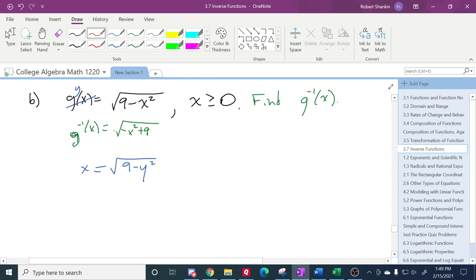So what do you do next? Oh, okay. I squared both x and the function to cancel out the square root. Nice. Then I subtracted 9 from both sides.